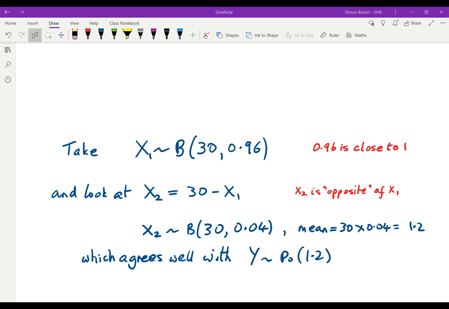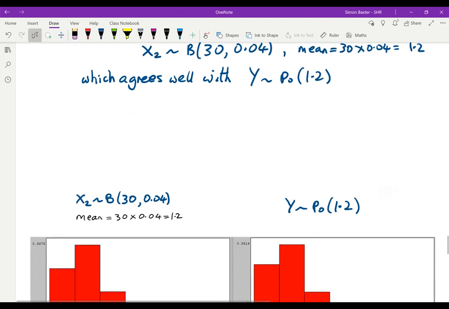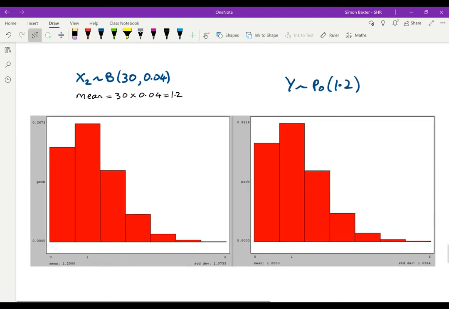Well, let's see how well it does agree. Binomial 30, 0.04. So there is the binomial 30, 0.04. Here is the histogram, 0, 1, 2, 3. Poisson 1.2, 0, 1, 2, 3, etc. And the top value is 0.3673.